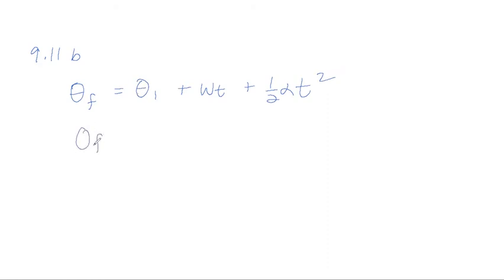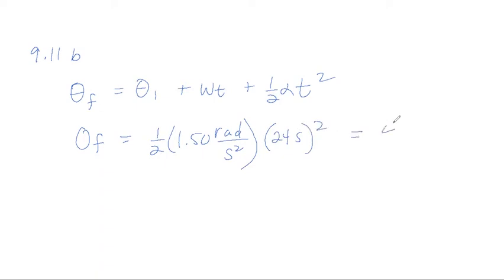So theta final is going to equal 1/2 times 1.50 radians per second squared times 24 seconds quantity squared. And this is going to give me 432 radians. And 1 revolution equals 2 pi radians.